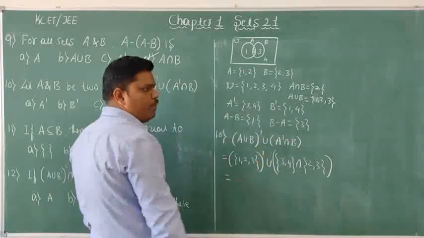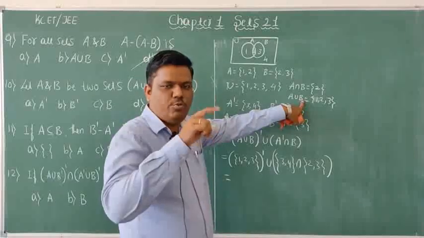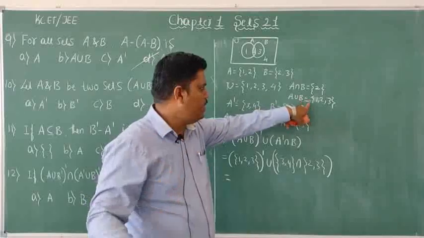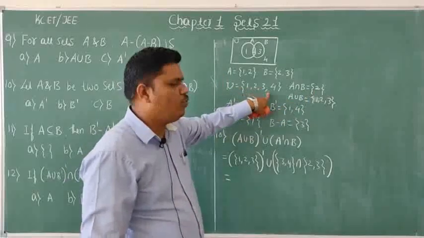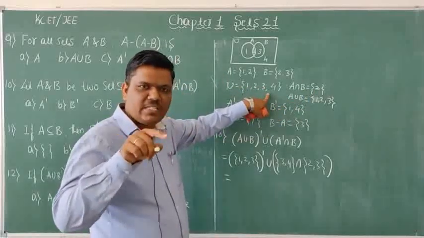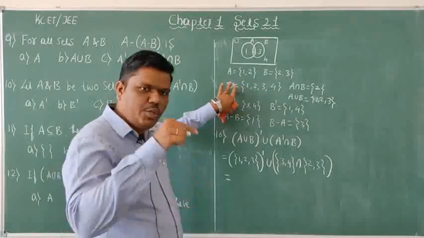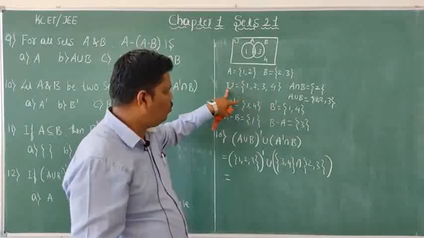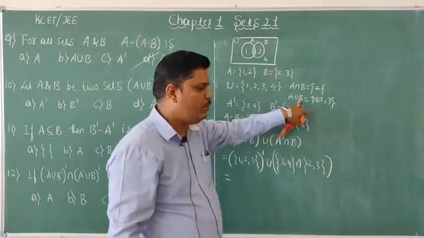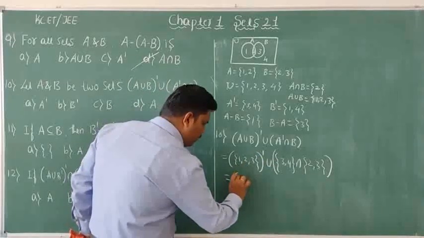1, 2, 3 complement. Set A union B complement is the universal set minus A union B. Here A union B is 1, 2, 3. The universal set is 1, 2, 3, 4. Universal set minus A union B is all the elements present in U but not in A union B. 4 is present in U but not in A union B. Therefore 1, 2, 3 complement is 4.